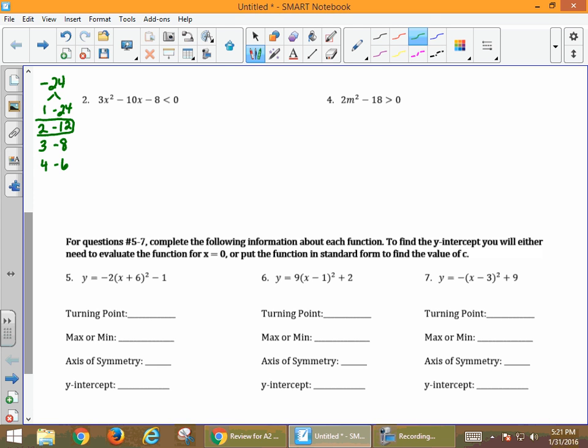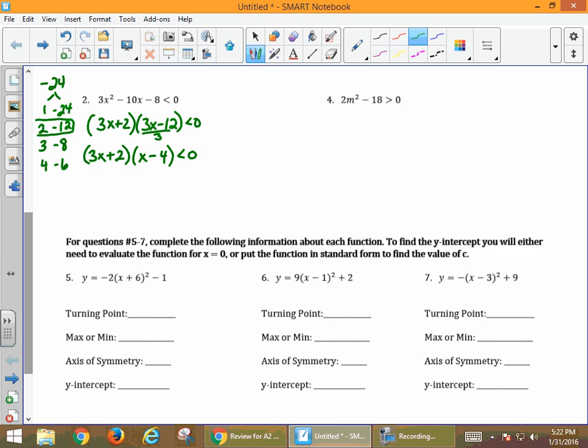I will use the airplane method now. 3x plus 2, 3x minus 12, and I will check to see if either of these two are divisible, and it looks like the right one is. It's divisible by 3. So my factors are 3x plus 2 times x minus 4.